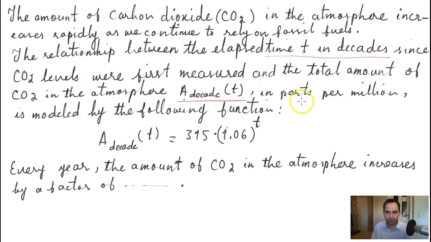So the output of this function is in parts per million, and it is modeled by the following function: A of decade of t is equal to 315 times 1.06 raised to the tth power.